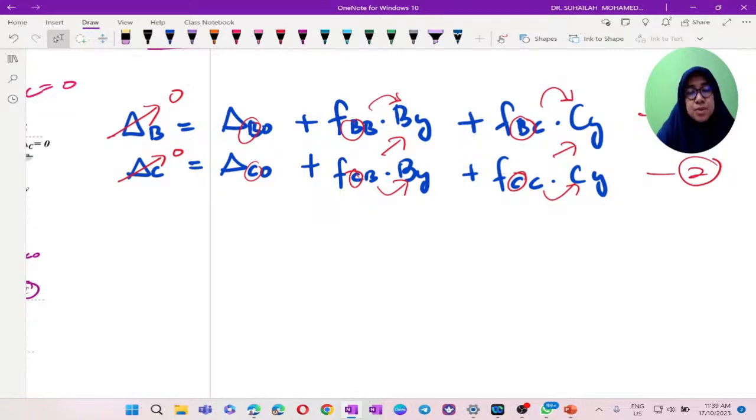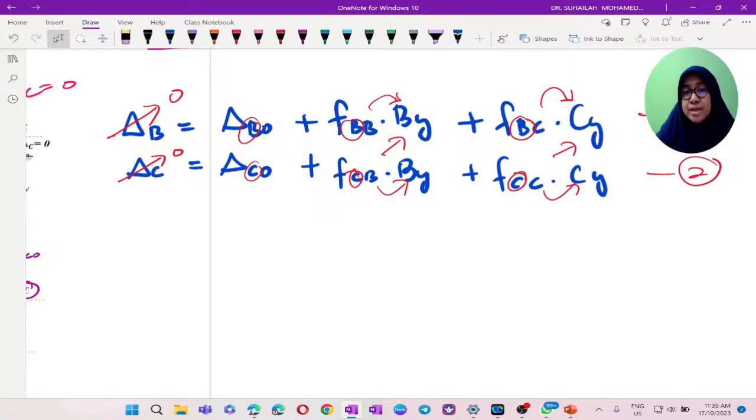We group the displacements in the primary system together, and we group the four F together, the four displacements in the two redundant systems.